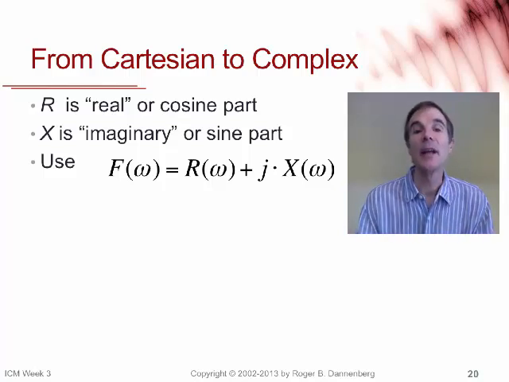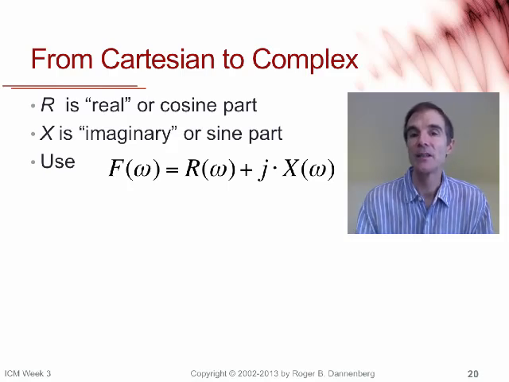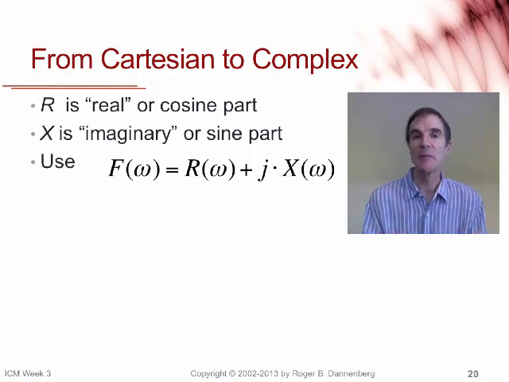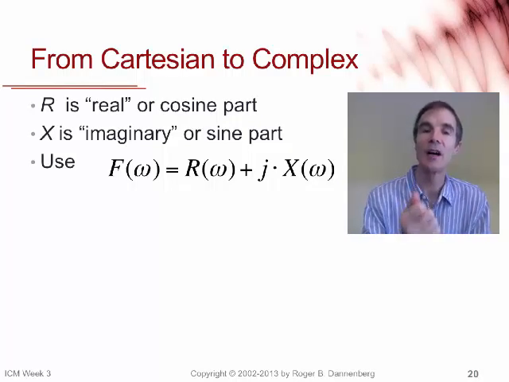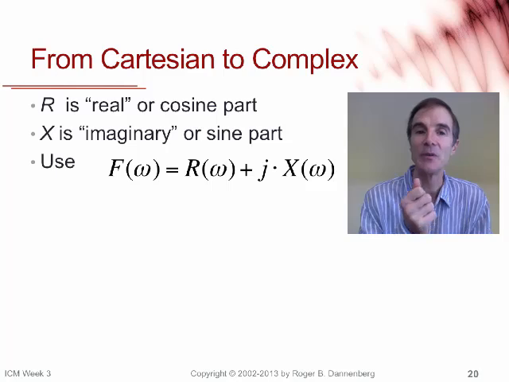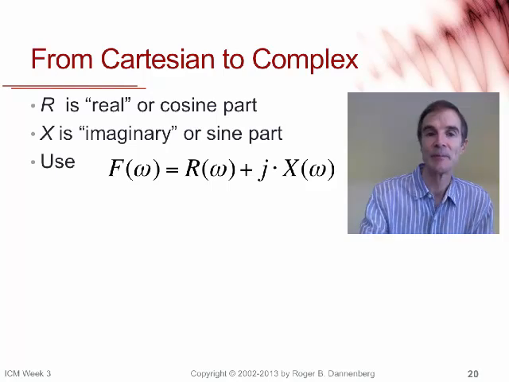Okay, so we can write F, the Fourier transform, as a function of omega, and it's equal to r of omega plus j times x of omega. So we can put the real and imaginary parts together to make one complex valued Fourier transform function.